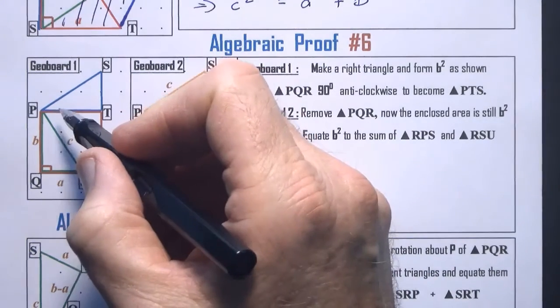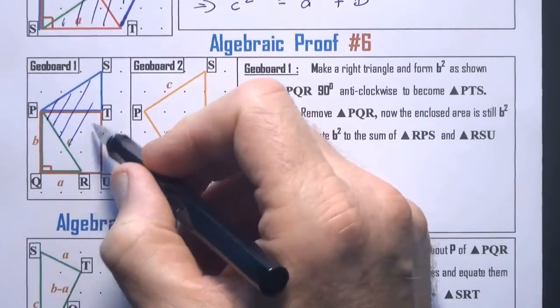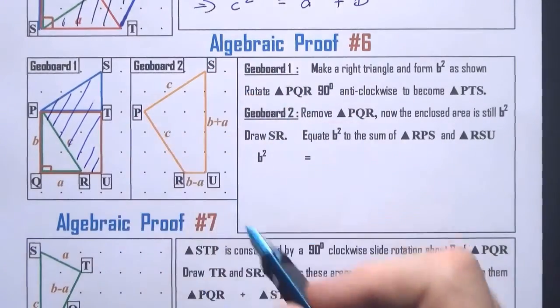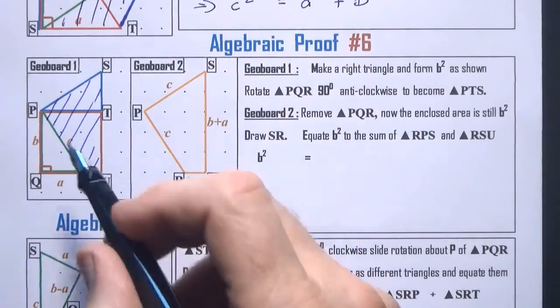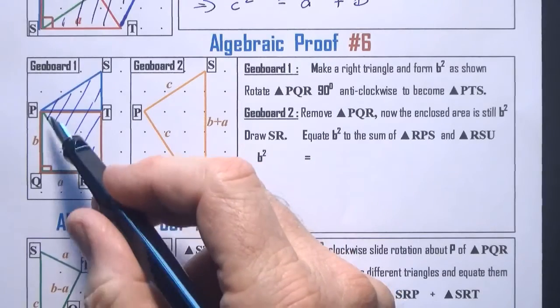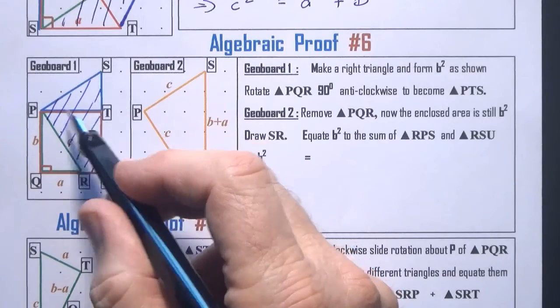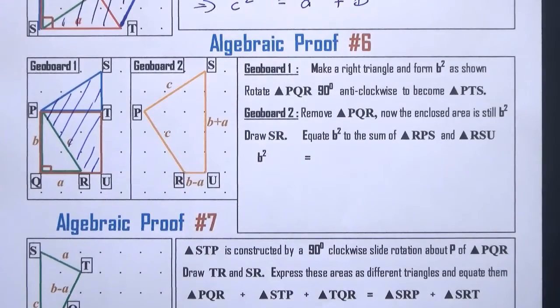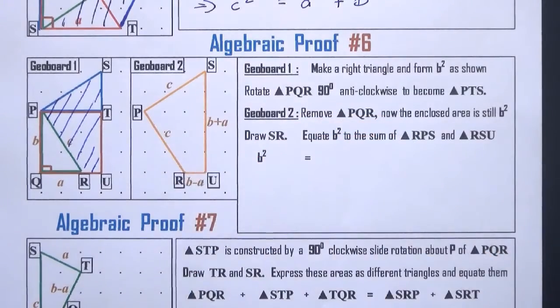Note that if I shade this area, this will still be B squared, because I've taken from B squared this triangle and I have rotated it up to be outside it. So in this picture, this is still B squared.